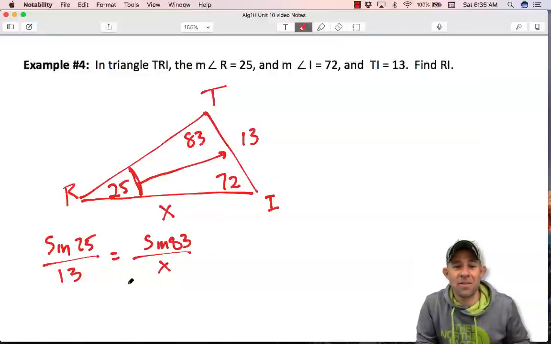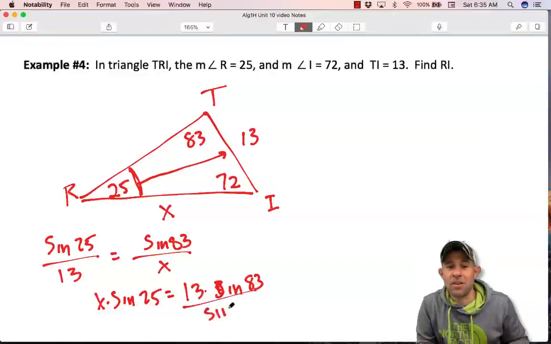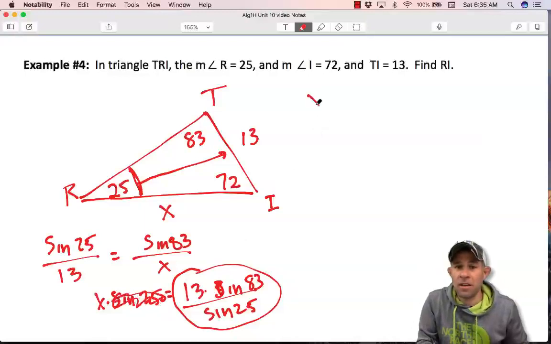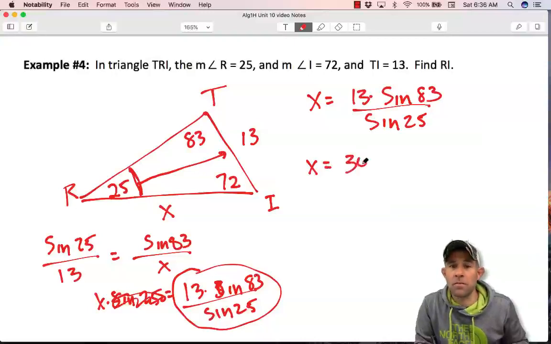So we've got x times sine 25 is equal to 13 times sine 83. And now we're going to divide by sine 25. Once we divide off that sine 25, that's when we'll be left with x. So x will equal 13 times sine 83, all divided by sine 25. Go ahead and plug that into your calculator, and you should end up with 30.5 is the length of segment RI.